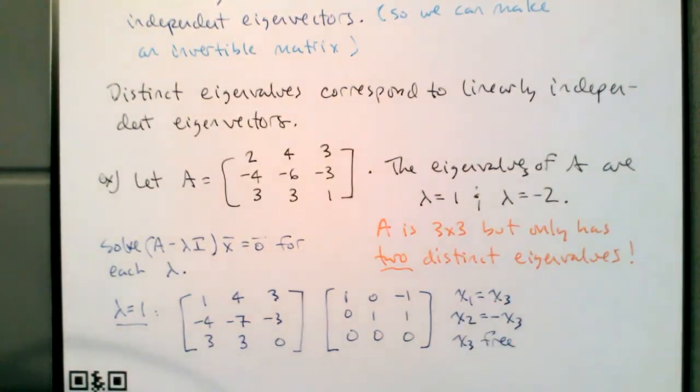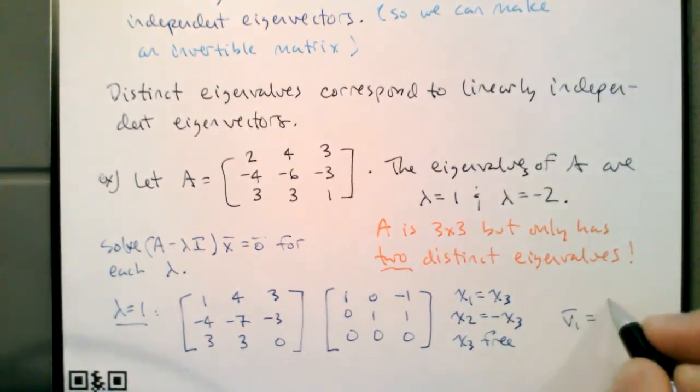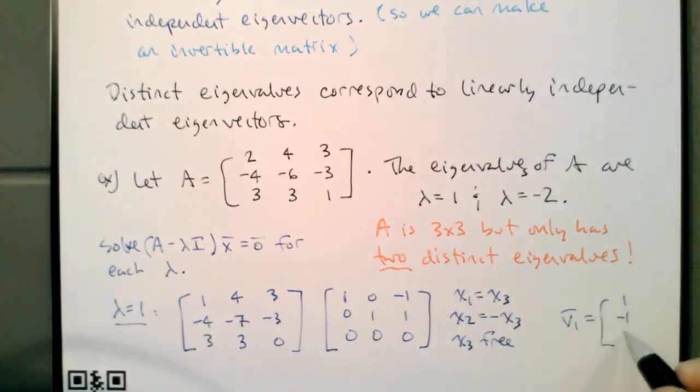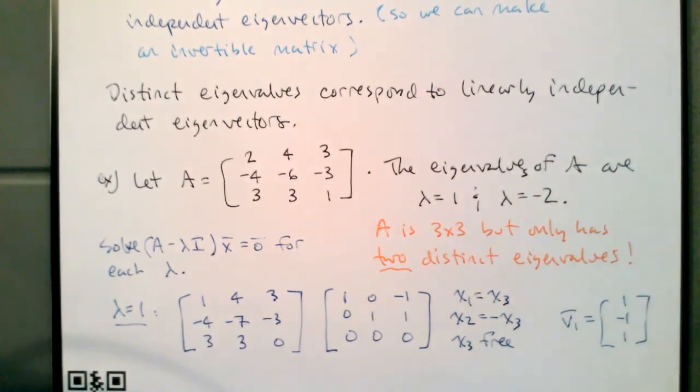There's a one-dimensional eigenspace. So the eigenvector corresponding to lambda equals 1, we'll go with 1, negative 1, 1. So there's an eigenvector corresponding to eigenvalue lambda equals 1.